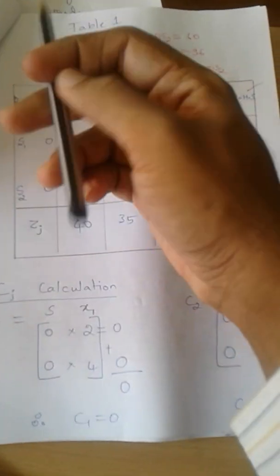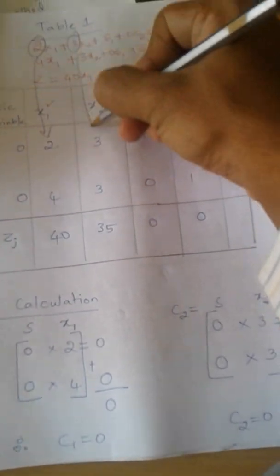So 2, 3, I'll just mark this. This is from the first equation, 2. Next is the third, 3. There is only 1 here, so I'm just bringing 1. There is no coefficient for s2, that is the reason it is 0, and finally the RHS is 60, correct? So this is done.